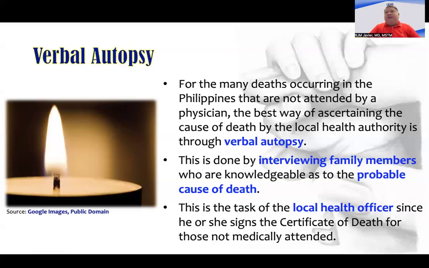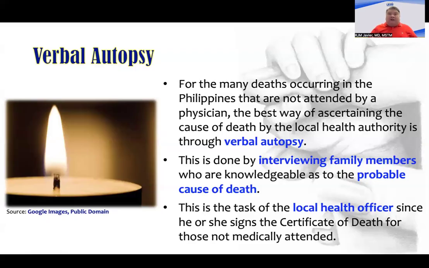For example, you have a patient who dies and on the day of the death there is a long weekend because of a series of holidays. If a patient dies on a Friday, Saturday, Sunday, there is no work for government officials, including the city or municipal health officer. And then, for example, it's November 1, November 2 for Monday and Tuesday.